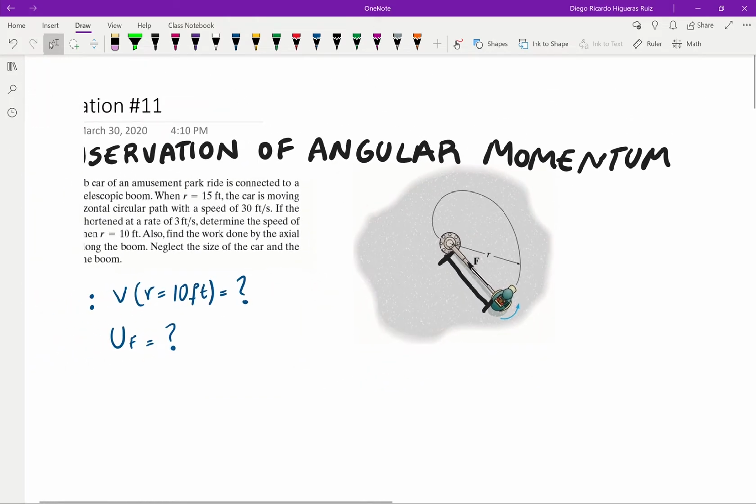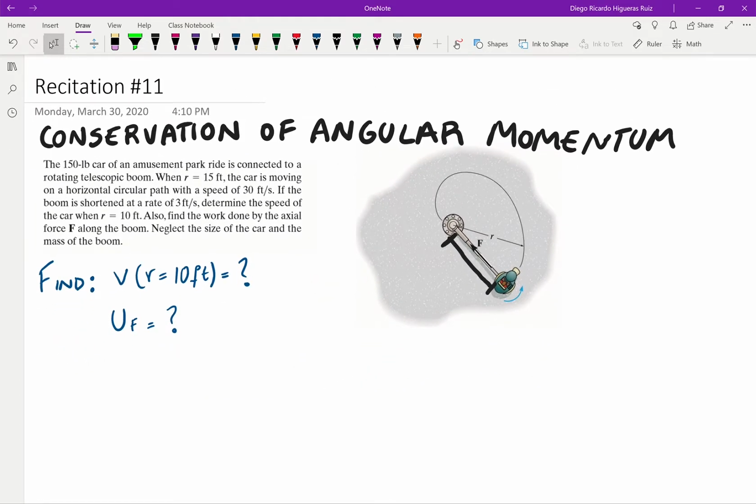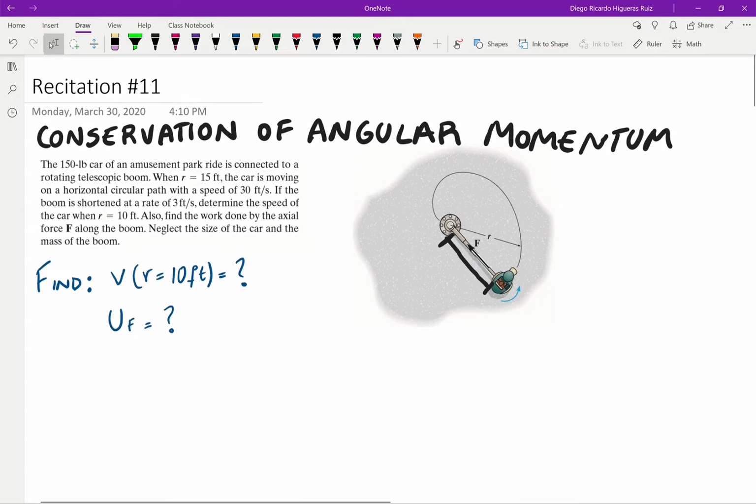So for the initial state, state 1, we are gonna have a velocity v1. It's gonna go like this. It's gonna be v1, okay? And then we are gonna have a second state.